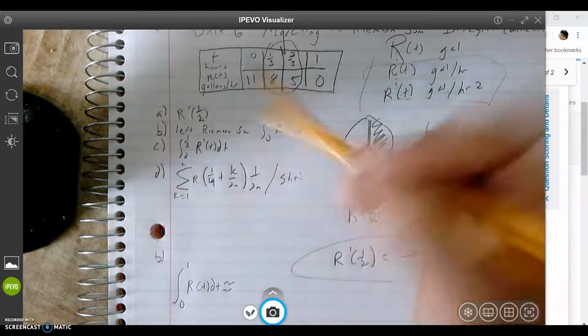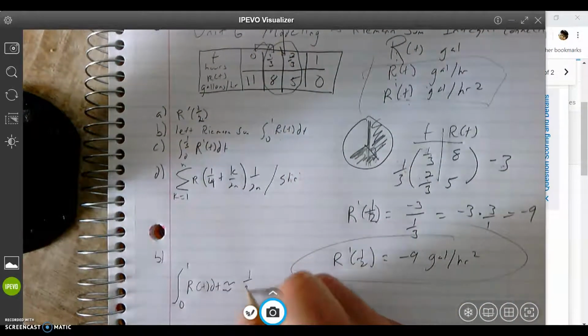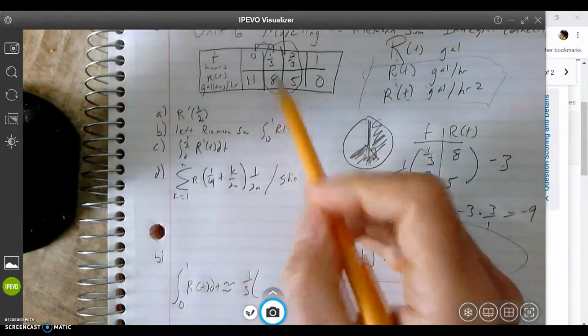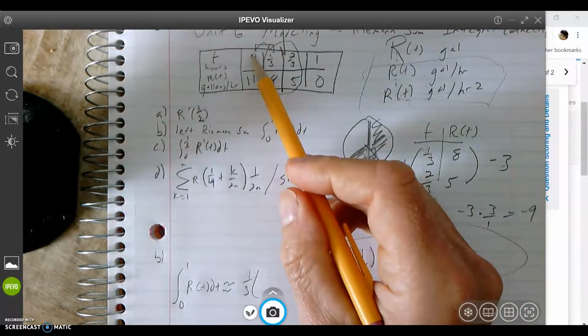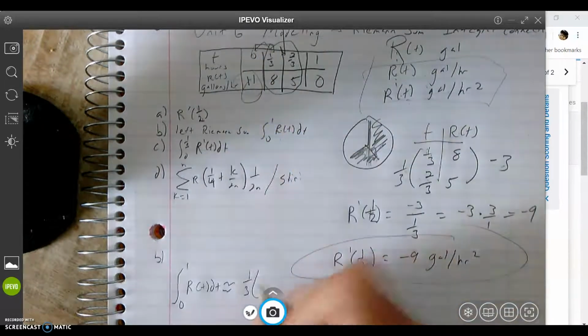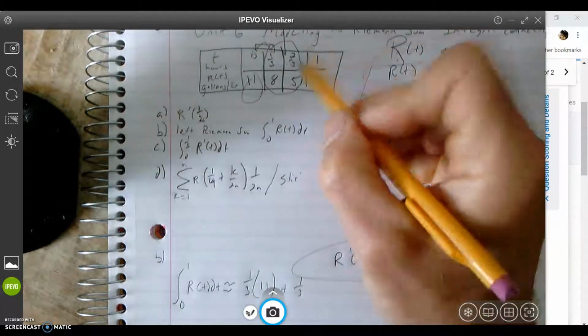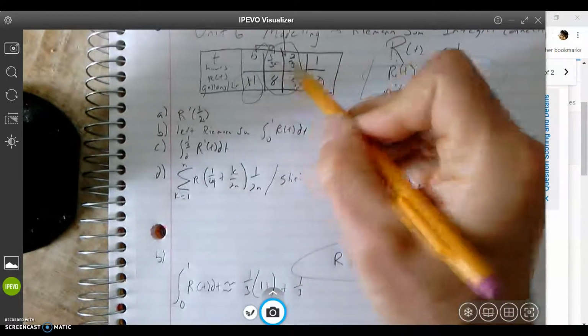So we're going to do left. This distance right here is 1/3. I can obviously draw a picture if I need to, but I'm going to go from the left. That distance is 1/3, and this is the height on the left. So height is 11 plus 1/3, because 1/3 to 2/3, that's another 1/3.